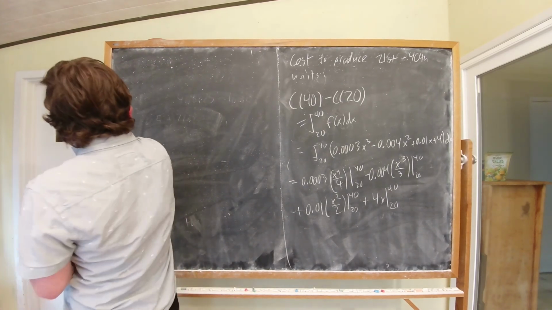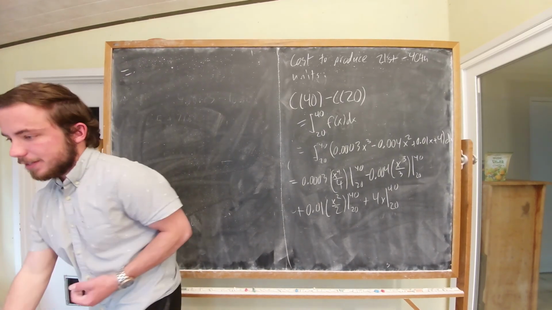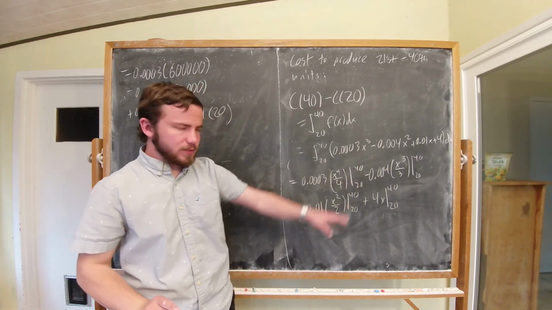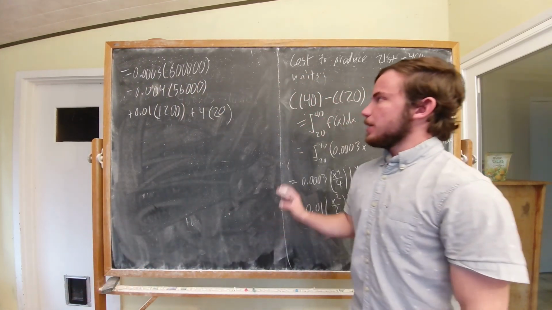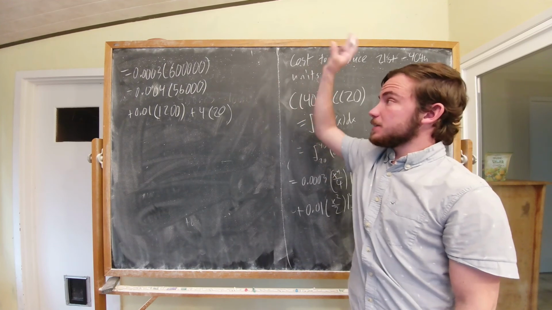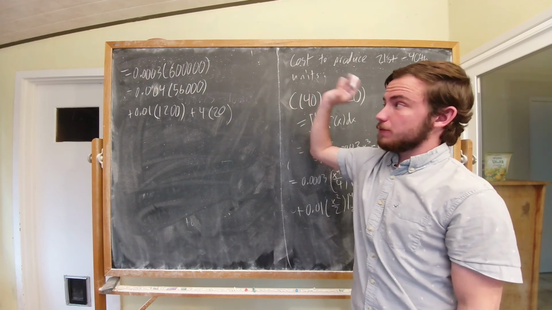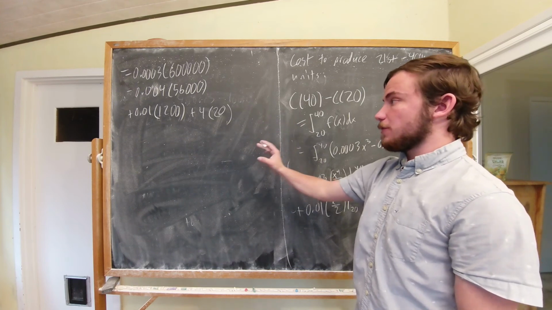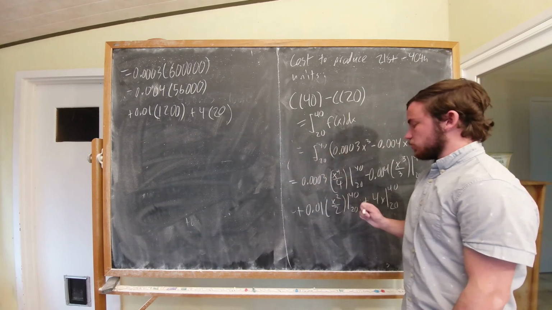let's see what you will get. Alright, so running just these evaluations through the calculator, you get 0.0003 times 600,000 minus 0.004 times 56,000 plus 0.01 times 1200 plus 4 times 20.